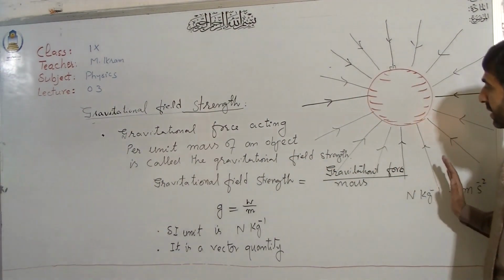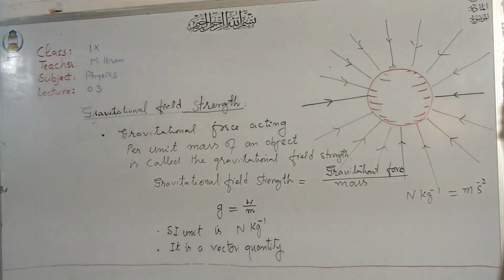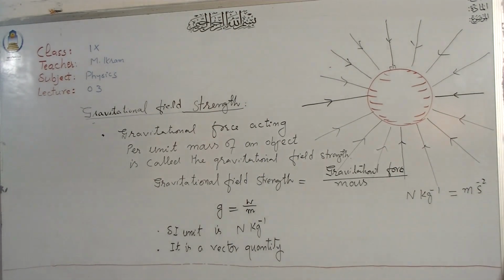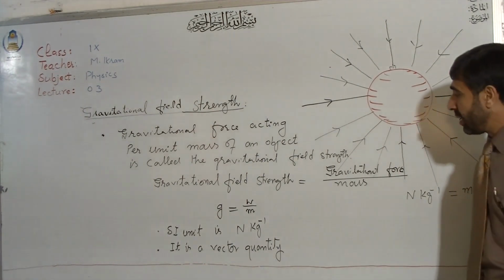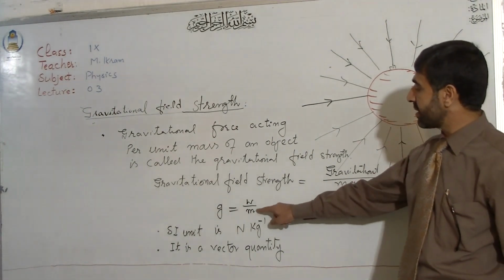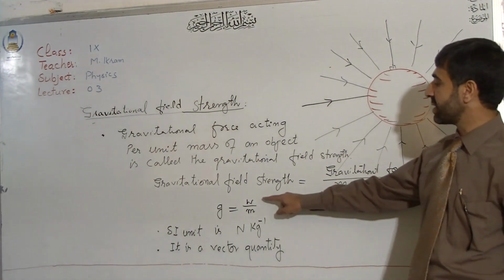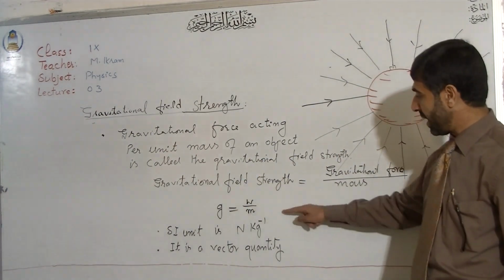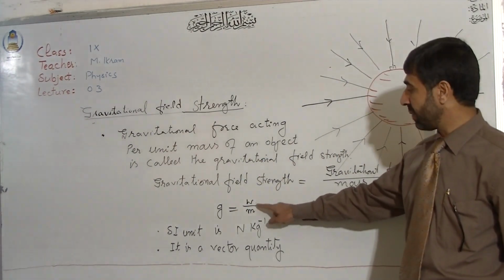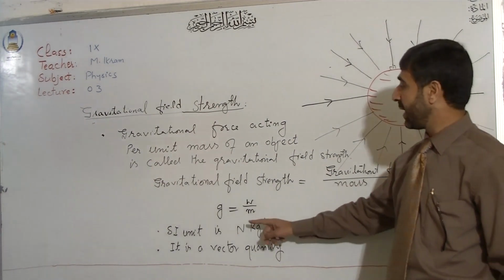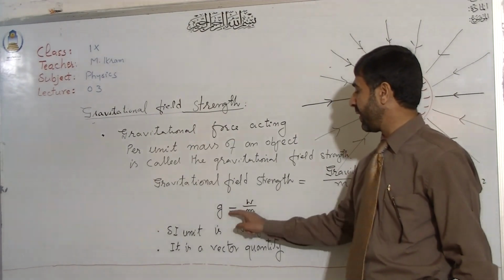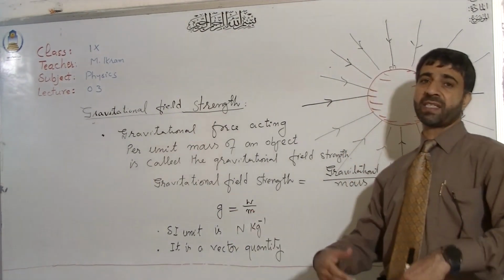It is the same for all kinds of bodies. Why? Look, if you increase the mass of an object, the weight of the object increases, and you have the same g again. If you have a smaller mass, you have a small weight, and g is the same. So you see that g does not depend on the mass of an object.